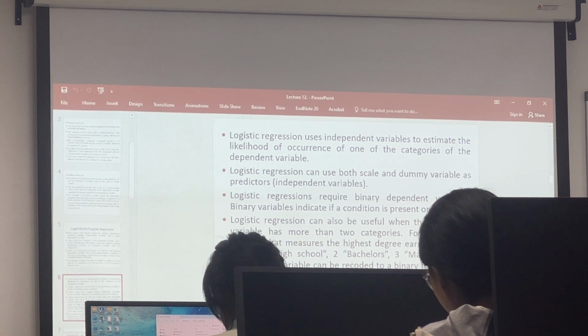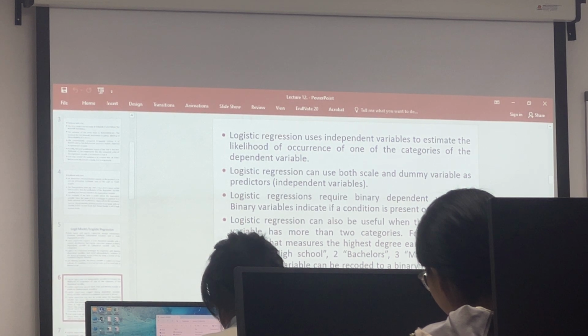So logistic regression uses independent variables to investigate the likelihood of occurrence of one of the categories of the dependent variable, because we have two categories now, 1 and 0.